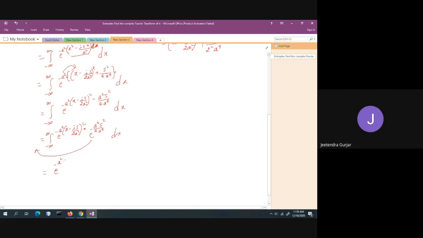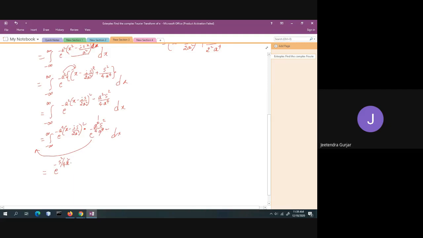Okay, I can again simplify here. What I can simplify, students? A square. See, I can take this a square. A raised to 4 will become a raised to 2. Okay, so minus s square upon 4a square, because one a square is cancelled, only a square remaining.